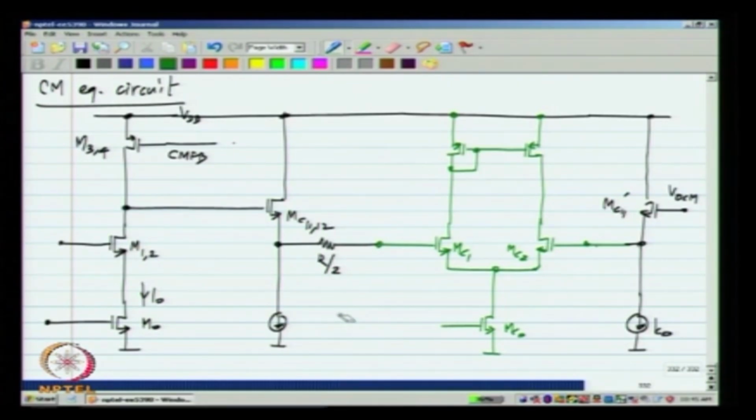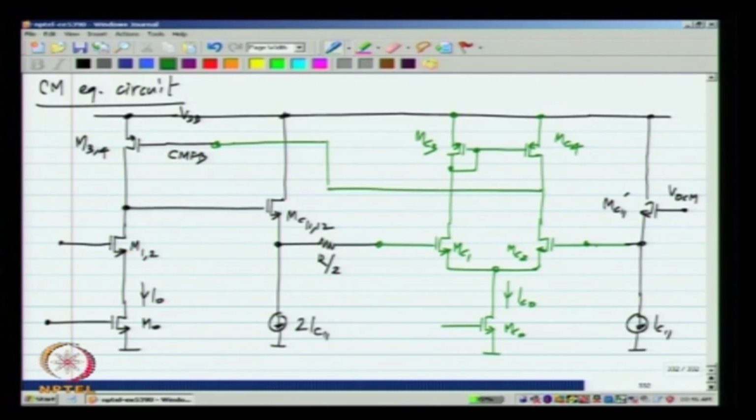This is 2 IC11, sorry. And the current in this I will denote it by IC0. And the common mode feedback circuit is completed from here.